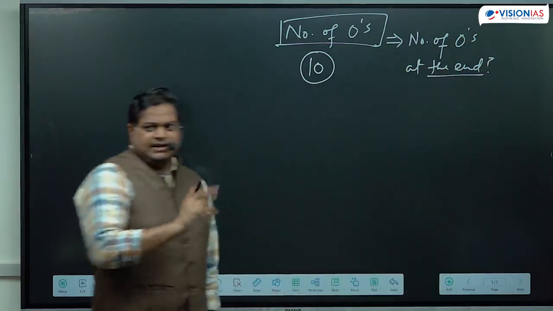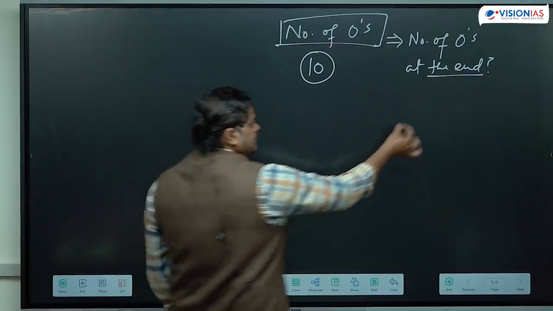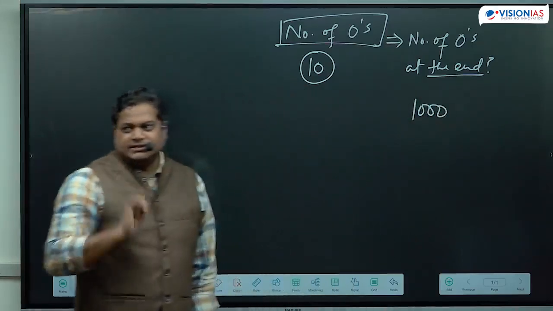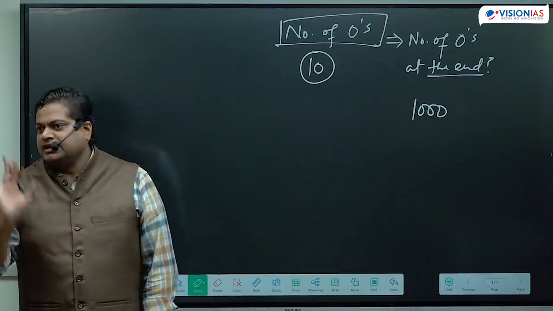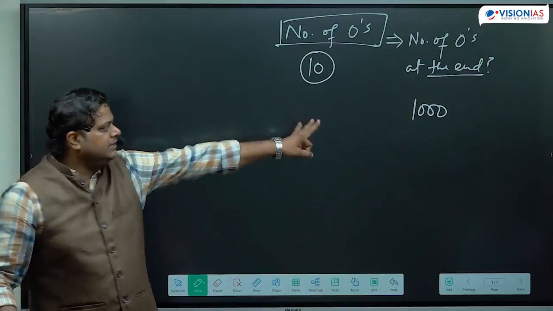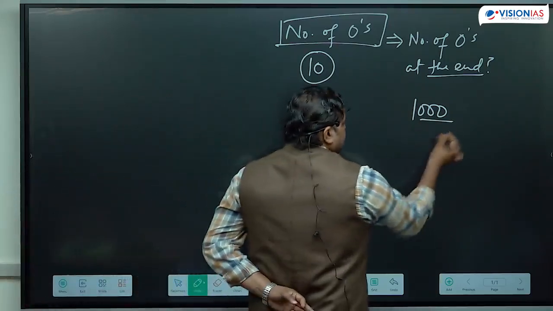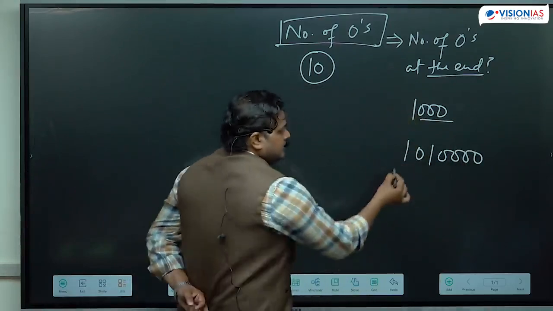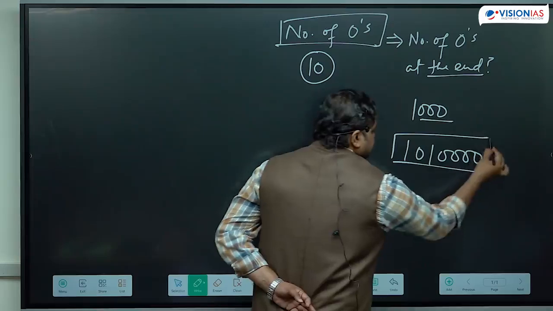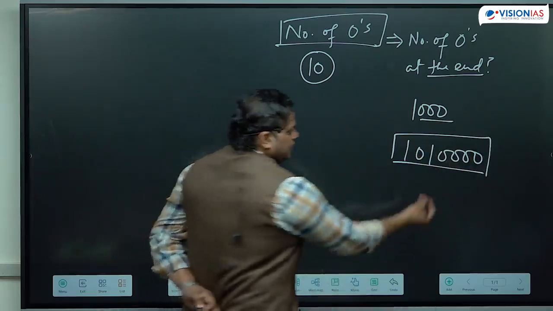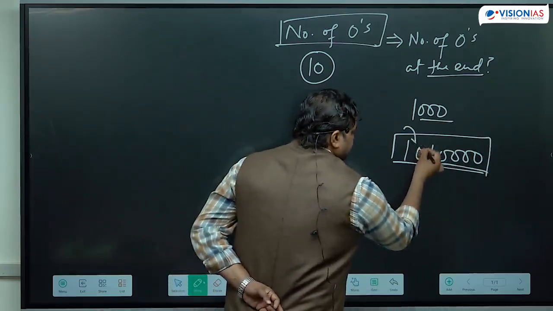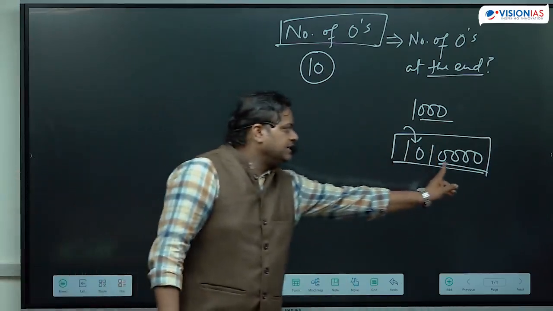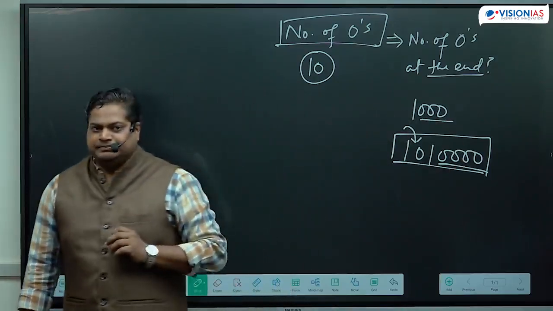If I write a number like 1000, the question is, how many zeros are there at the end? 3. The answer is 3. Now for the number 1, 0, 1, 0, 0, 0, how many zeros are there at the end? 3, because we are not going to count the zero in the middle. The question will be like this: how many zeros are there at the end?